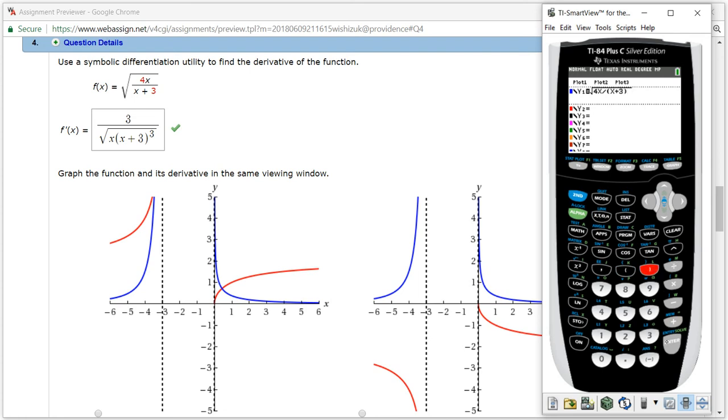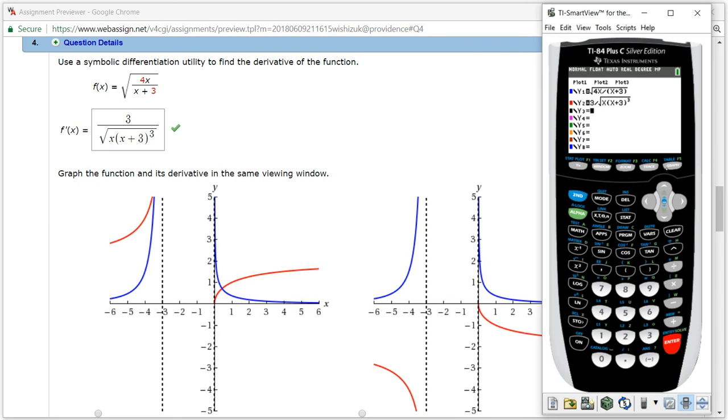That's the original function. And the derivative function, I'm going to put as y2. So I'm going to do 3 divided by the square root of x times the quantity x plus 3 raised to the third power, and hit enter there.